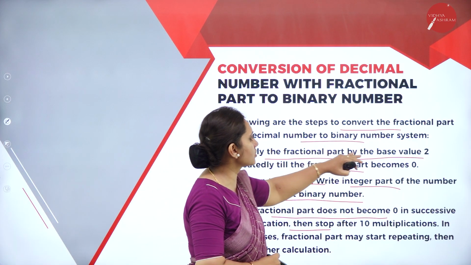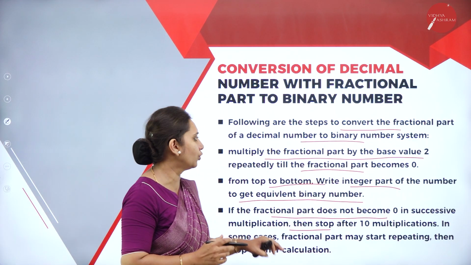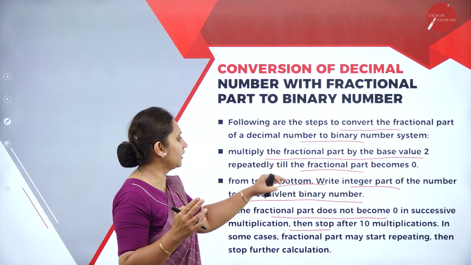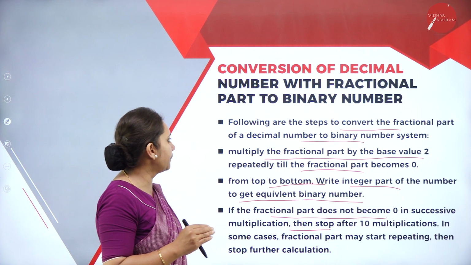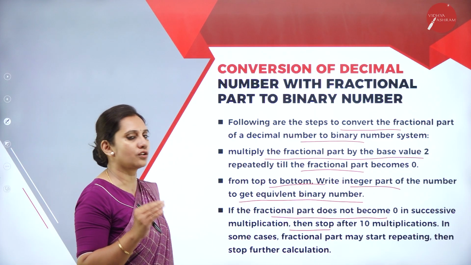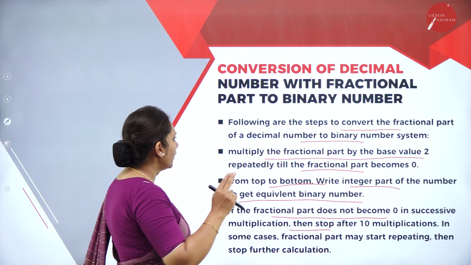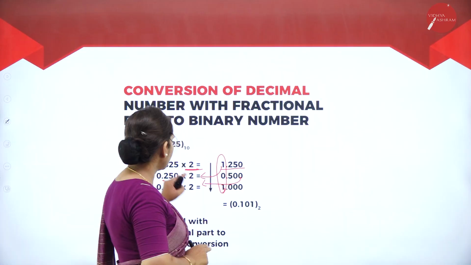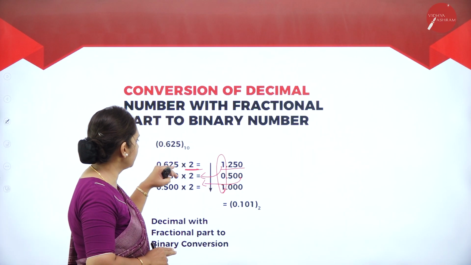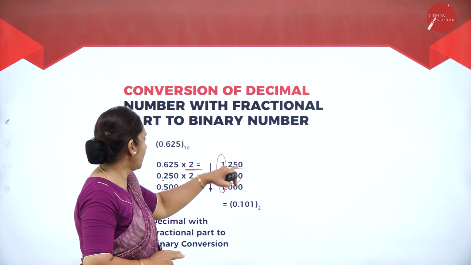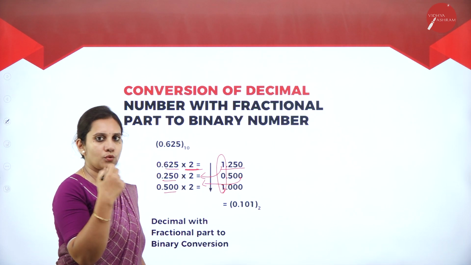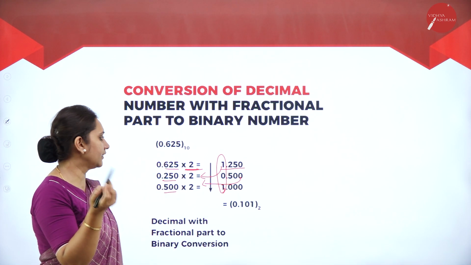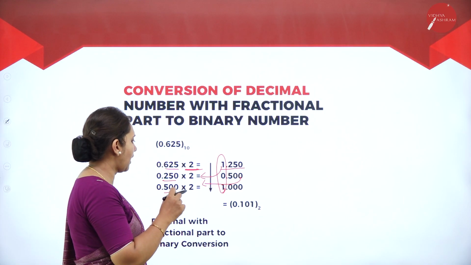Multiply the fractional part by the base value of 2 repeatedly till the fractional part becomes 0. I need to keep on multiplying the fractional part until I'll get the integral part.